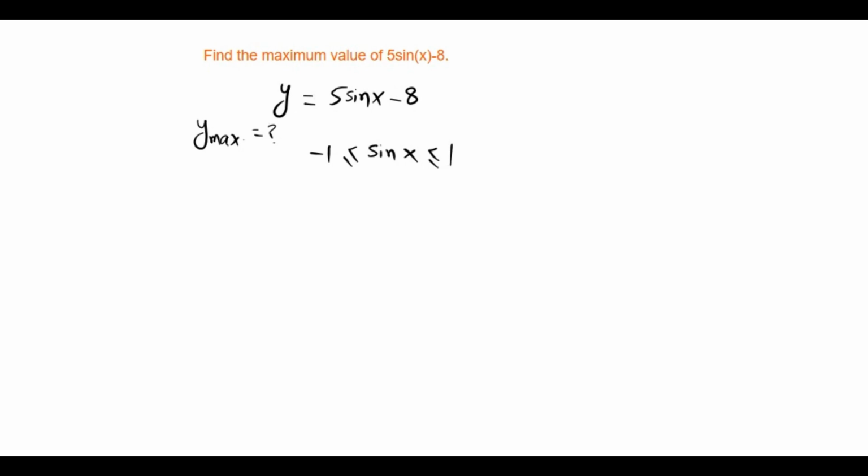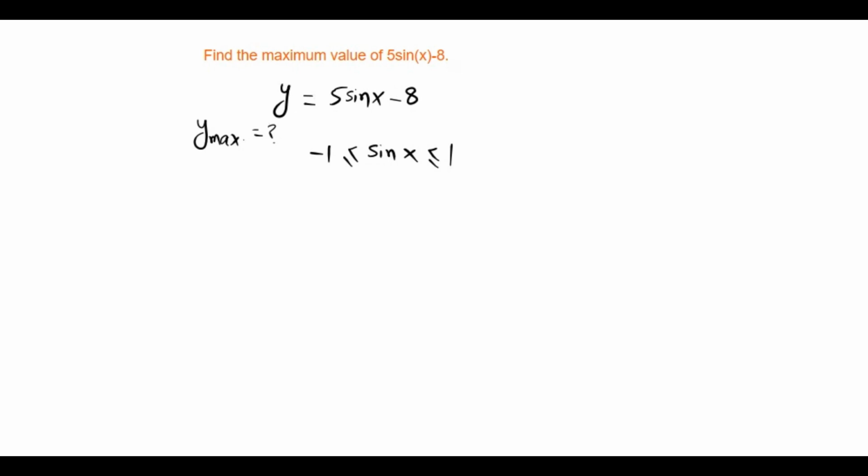We will try to get this sine to become this expression. We will try the transformations. If you notice here, sine has been multiplied by 5, and then eventually we are subtracting 8. So we will do the exact same operation. First we multiply it by 5 to make it 5 sine x. But as per the rules of inequality, if you multiply one side by 5, you will have to multiply all the other sides by 5 too.